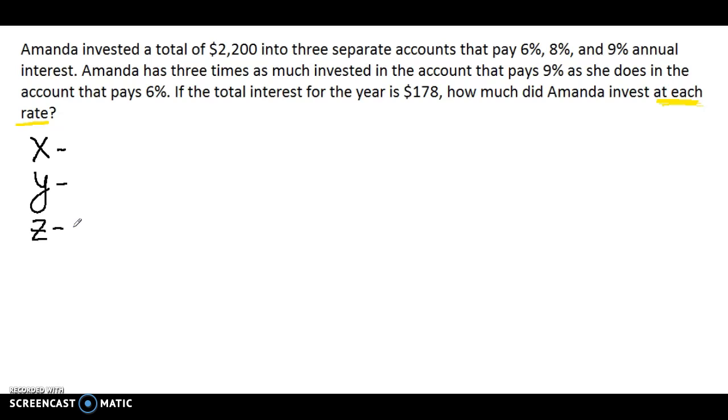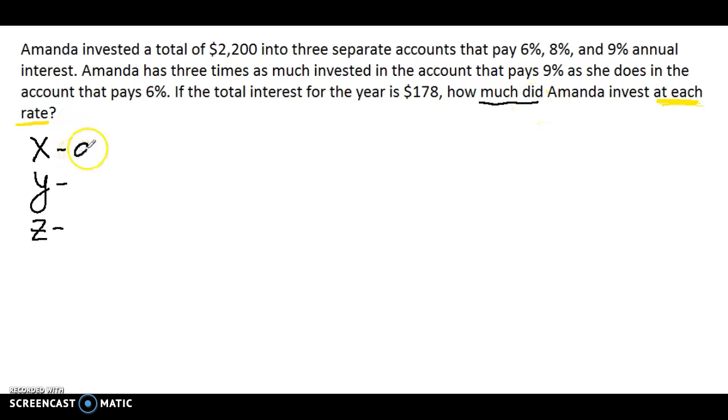I'm not just going to call x the 6% account, because what quantity is that? The quantity is what I'm looking for. I want to make sure I know what quantity x stands for. It won't be a number, but it needs to be something that I can quantify. What am I looking for? I'm looking for how much she invested at each rate.